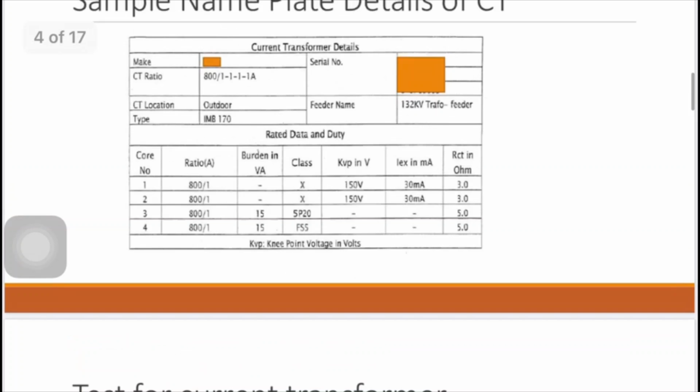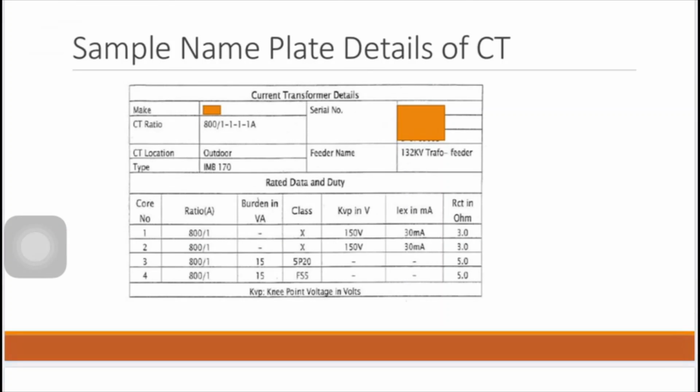If we test any current transformer before certifying it, we have to conduct minimum tests to verify the healthiness of the transformer before commissioning, before power up.